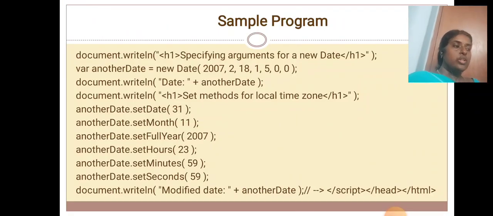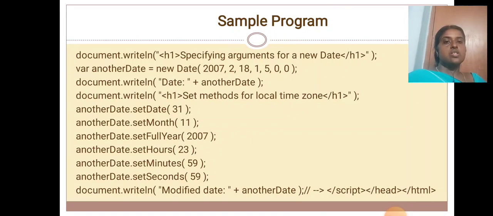Next, we are going to make use of the set methods. We will discuss the various set methods. So here first I am creating another date. It is a local variable which is a new Date object. Here I set the information such as 2007 as my year, 2 as February month, 18th date, hours, minutes, seconds, milliseconds, everything I set, and I am going to display that.